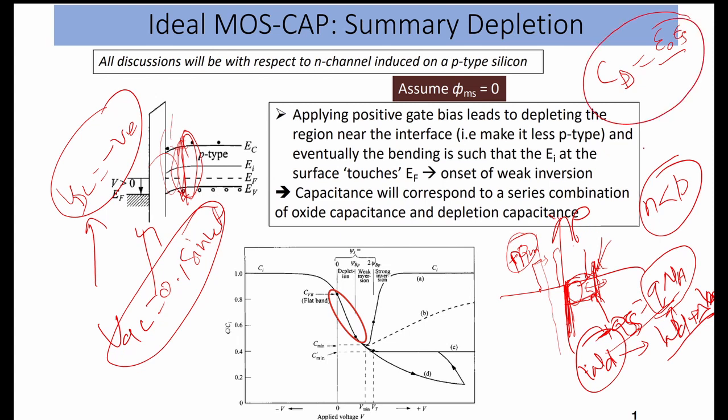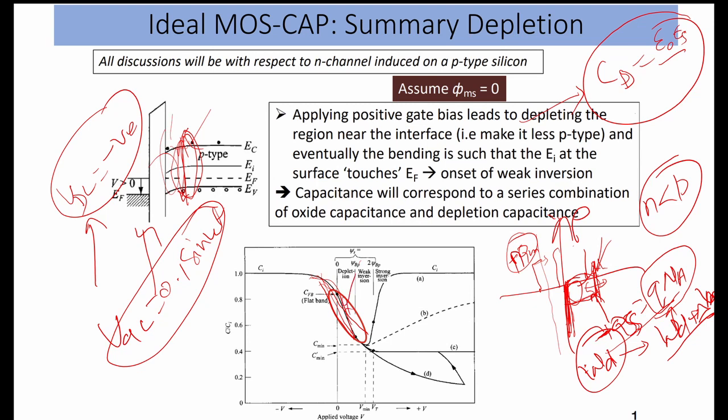So this overall capacitance is decreasing because of the uncovering of the charges in the semiconductor. So the capacitance is decreasing in this region.